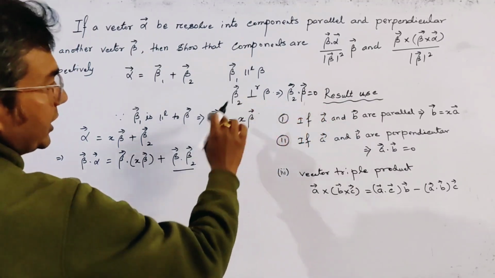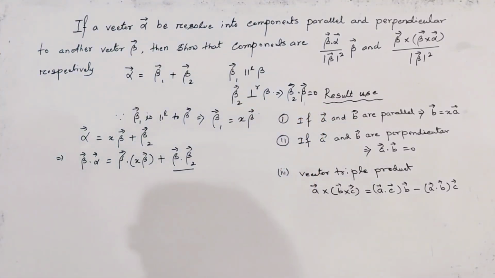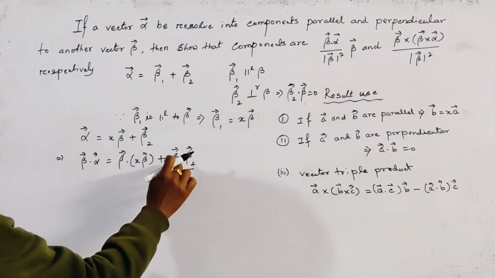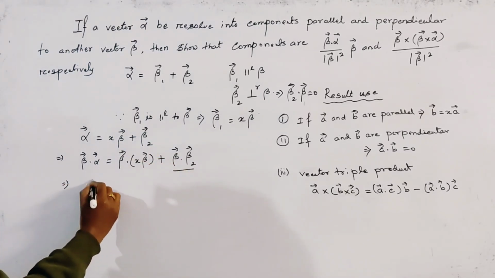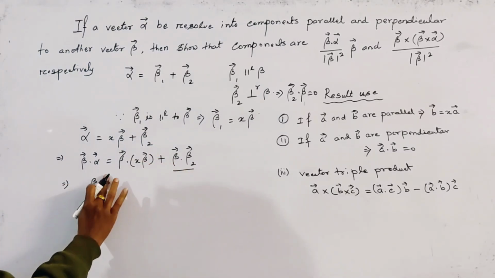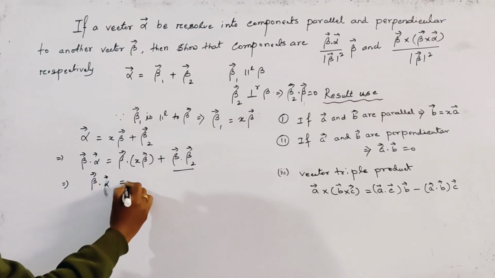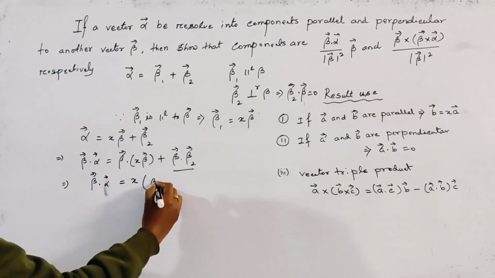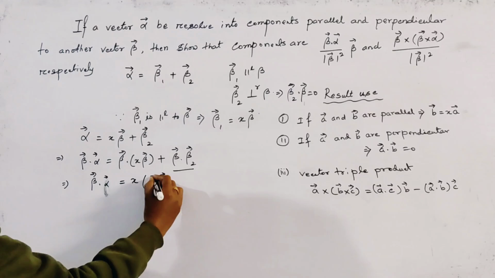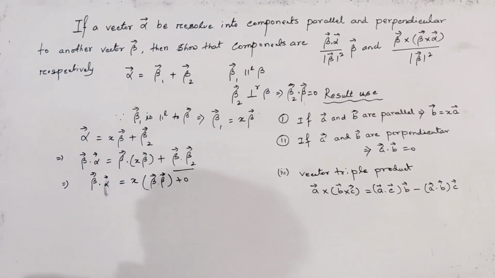This is the second property. So we put 0 here and get beta dot alpha equals x times beta dot beta.